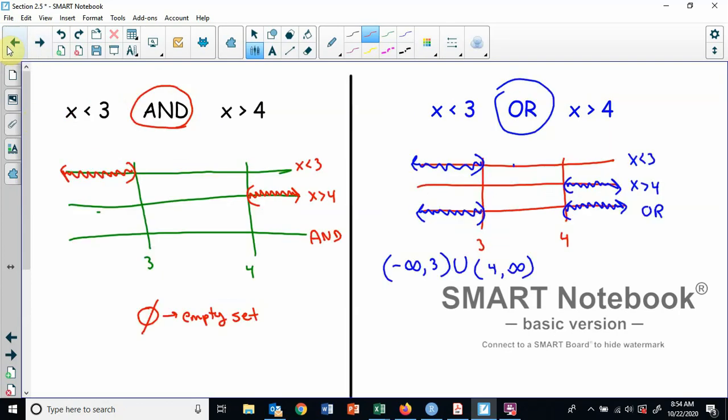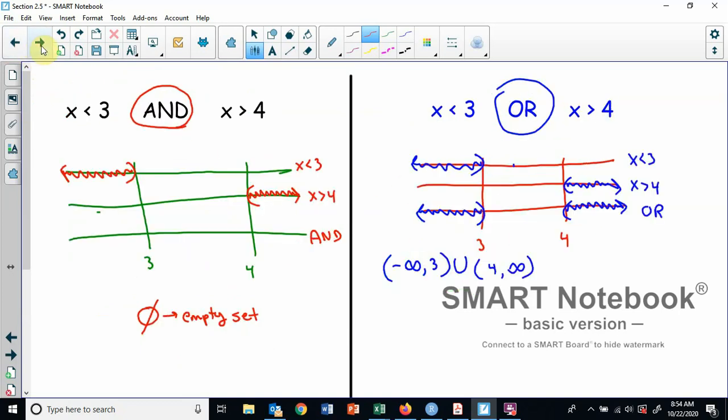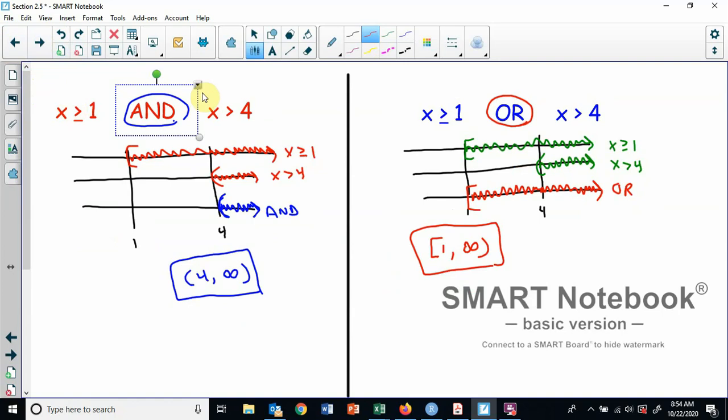We're able to combine things that are more extreme, and we get these extreme answers like empty set, no answer, or the entire real line from -1 to 1. So you can get a lot of interesting stuff. And all this comes from putting together two inequalities with a word AND or OR. We're going to use this next lesson in a more interesting way. So make sure you kind of soak this up and understand what we're talking about, okay?